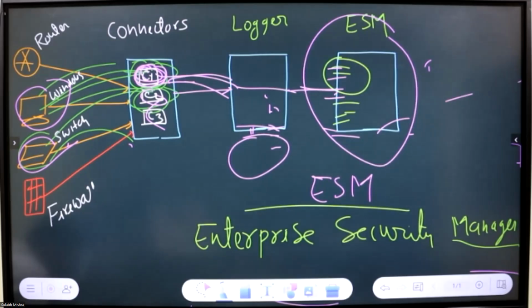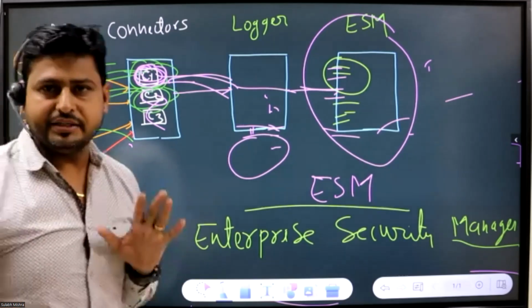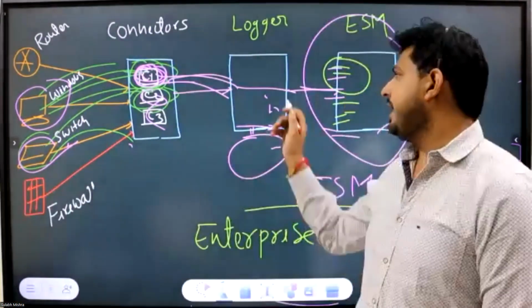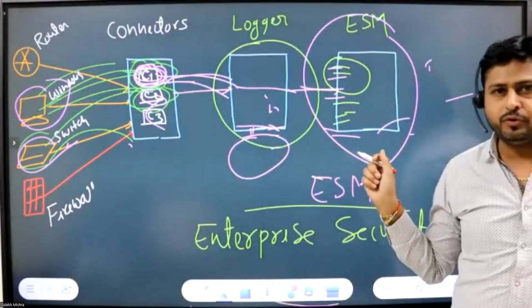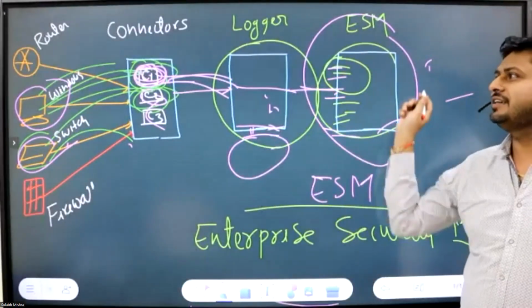Written, everybody? So you understood, right? We have two objectives on the SIEM. The first objective we can almost achieve using the logger. And the second objective, real-time monitoring, correlation, and alerting, we achieve using the ESM.